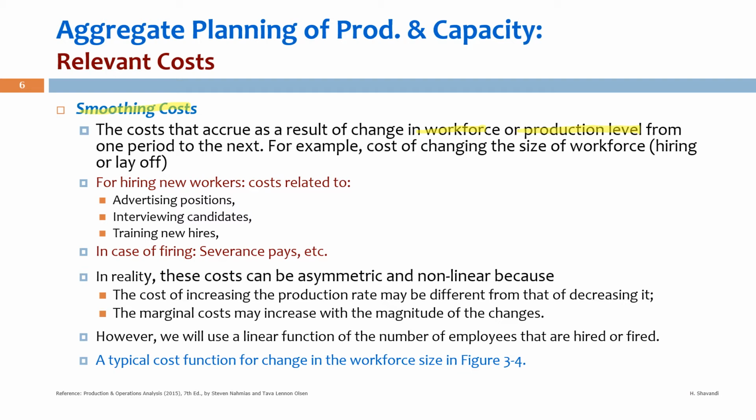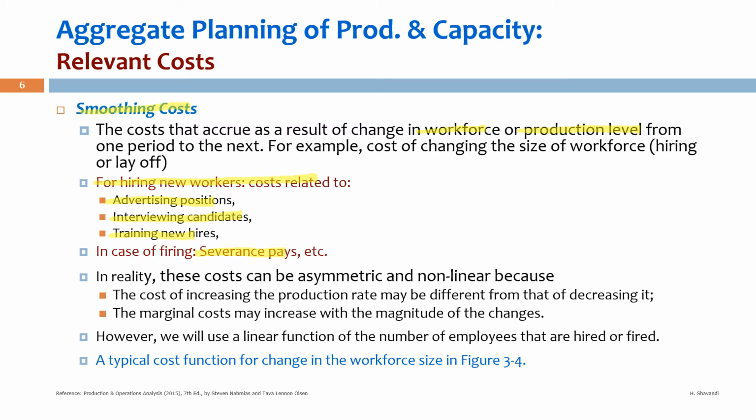For a change in workforce, if you hire or lay off employees, then for hiring, the related costs are advertising positions, interviewing candidates, and also training new hires. Or in case of firing, we need to pay severance pay to the fired employees, right? So this is the smoothing cost for this change.